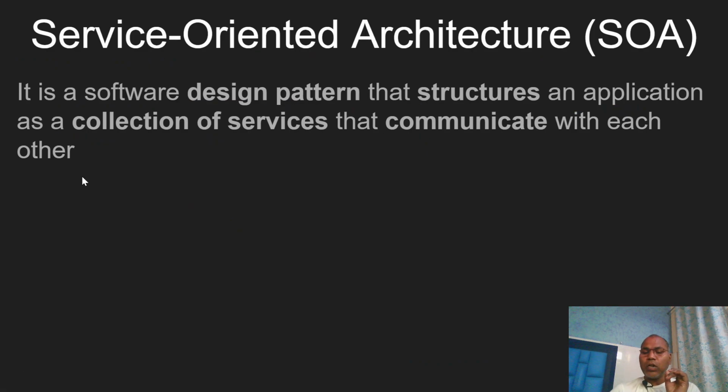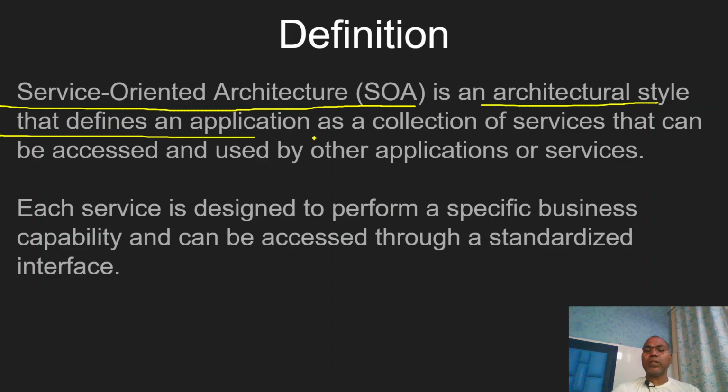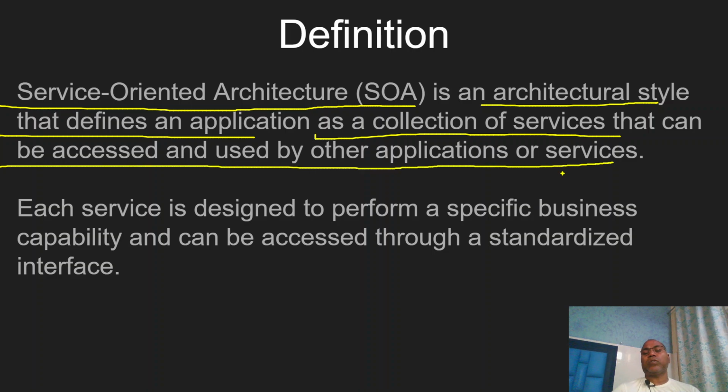Let's talk about the basic definition of service oriented architecture, sometimes called SOA. It is an architectural style that defines an application as a collection of services that are used by other applications or services. Whatever application you are going to build, don't build the complete application as a single monolith application.